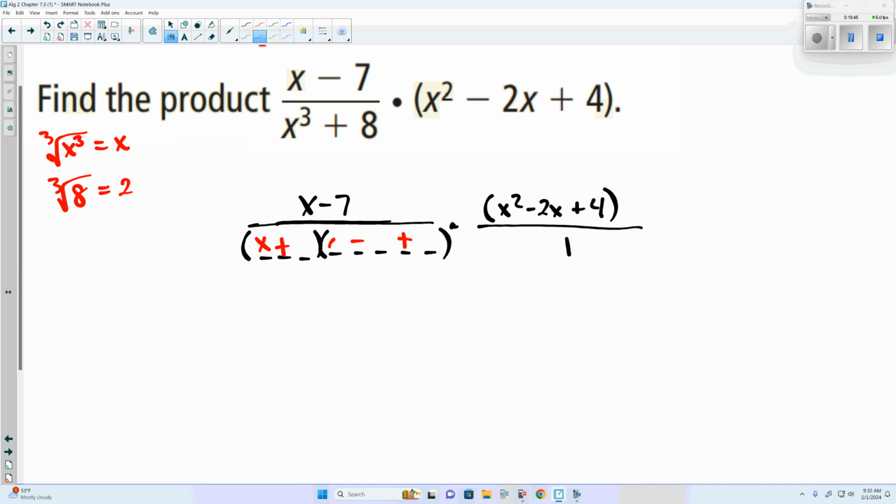First term is going to be x. Then we have the quantity x squared, x to the first. Next term, our other one's going to be 2. In the middle, we'll have 2 to the first, and the last one will have 2 squared.